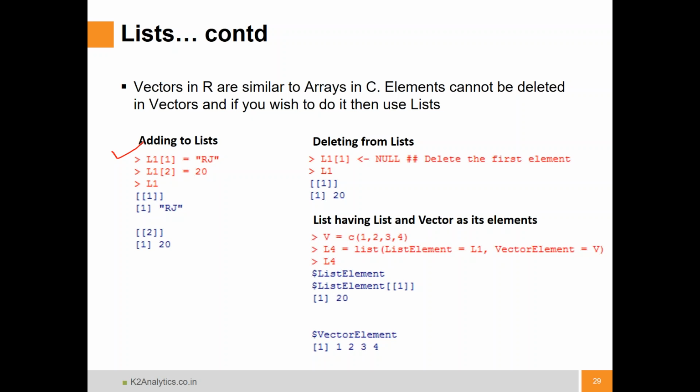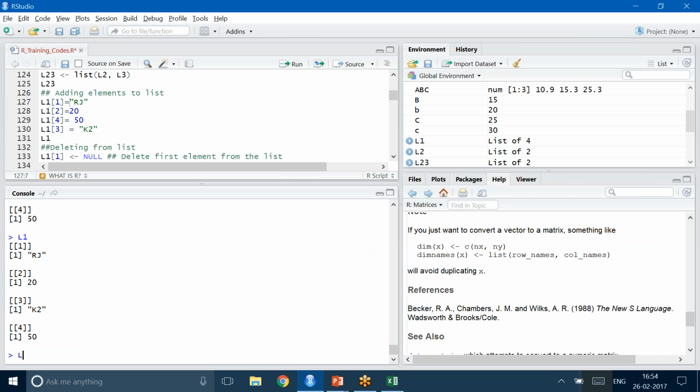So here, the moment I say L1, the L1 first element has to be deleted. To delete, you have to make it null. In programming languages, null means nothing. Null means void, nothing. So the moment I say L1 bracket 1 is equal to null, I am deleting the first element. So the moment I say this, the first element is dropped.